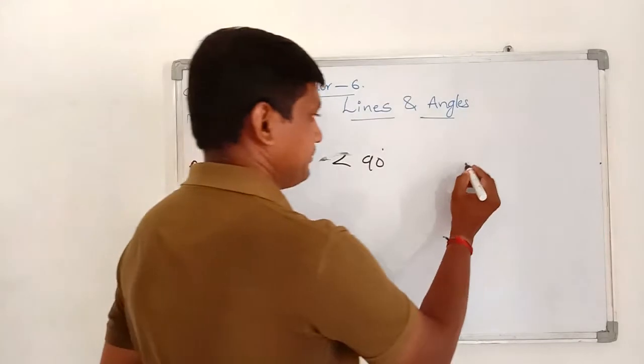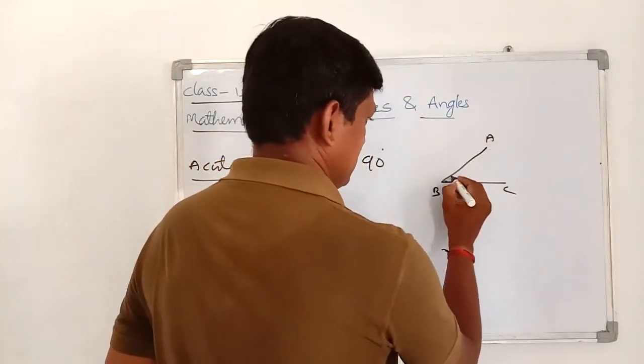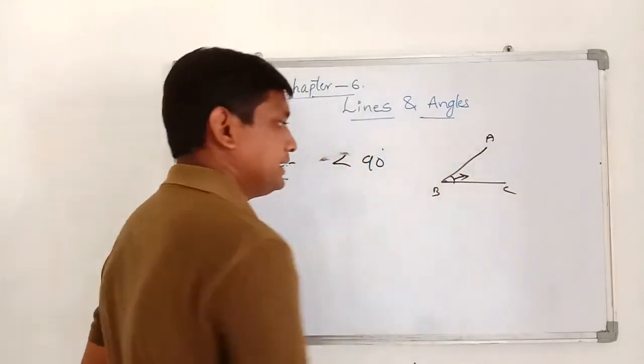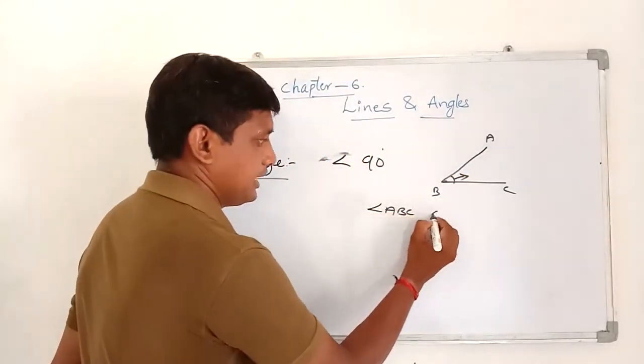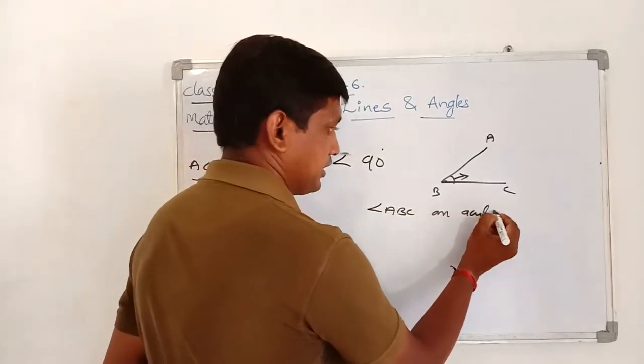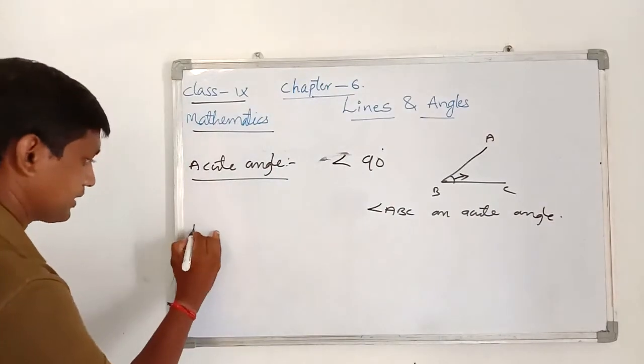I am taking the figure here, ABC. This angle is less than 90, hence angle ABC is an acute angle.